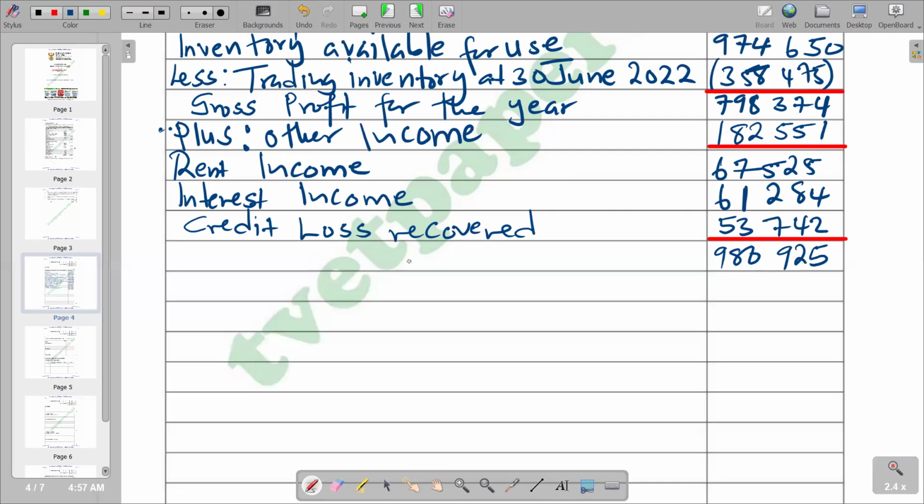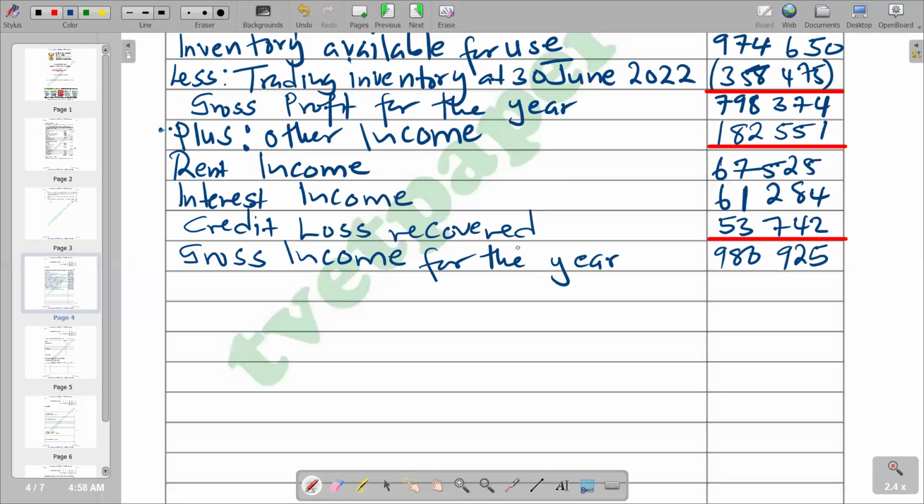So basically, this is what we have. And then on the description, this is going to be your gross income for the year.